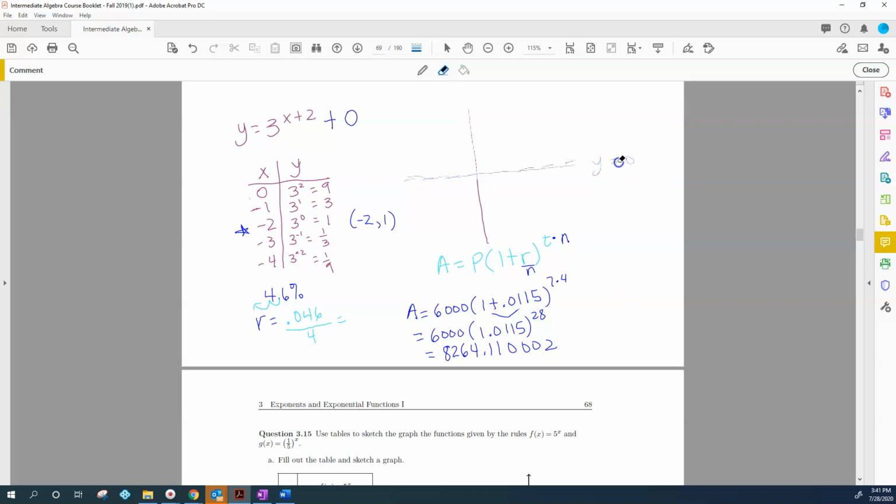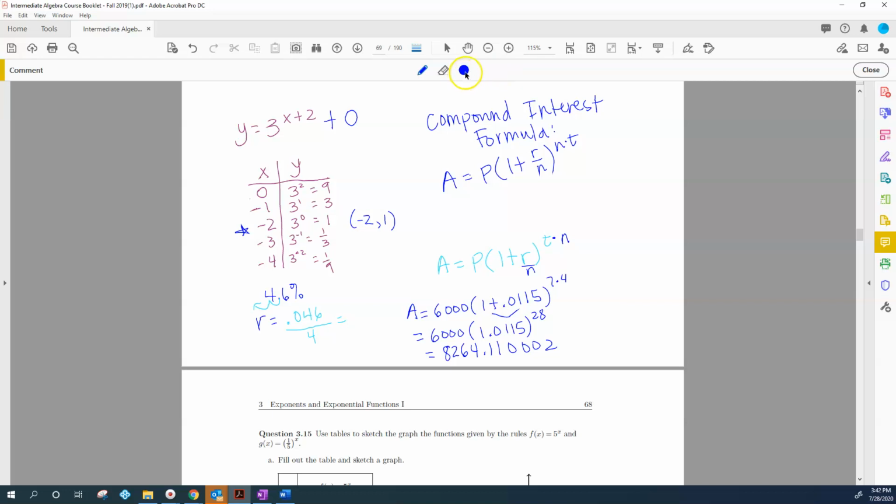Write this down as the compound interest formula that you'll want to have for the test. A equals P times 1 plus R over N to the N times T power.